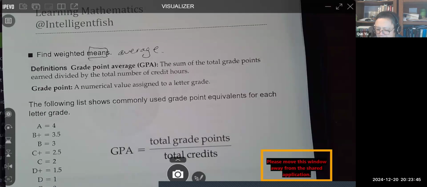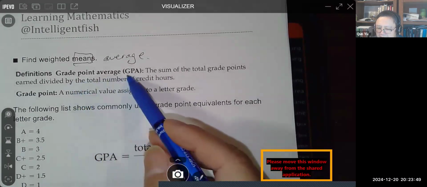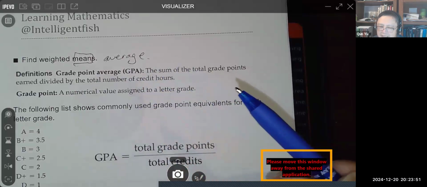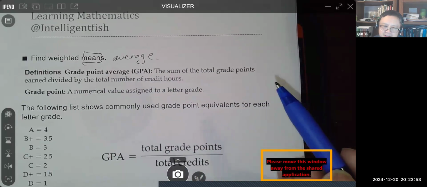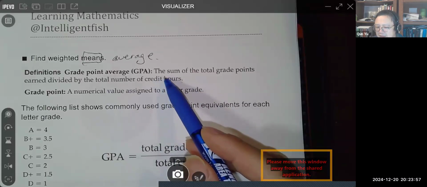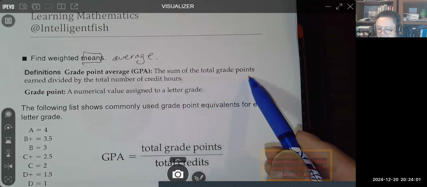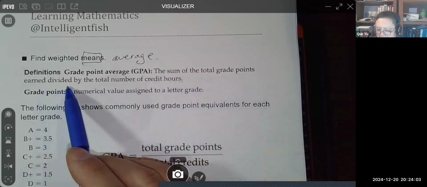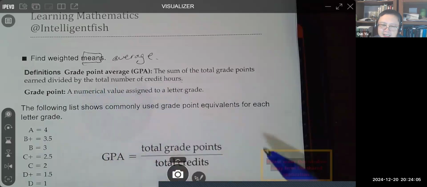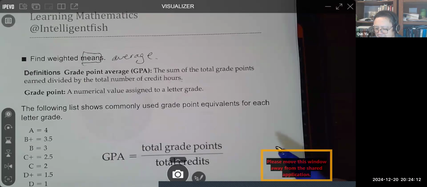So let's look at this particular example. So what is the GPA? Grade point average. Actually, it's a weighted mean, weighted average. So let's look at the definition. It says the sum of the total grade points earned divided by the total number of credit hours. So the result is how many points you get per credit hour. So that's average.